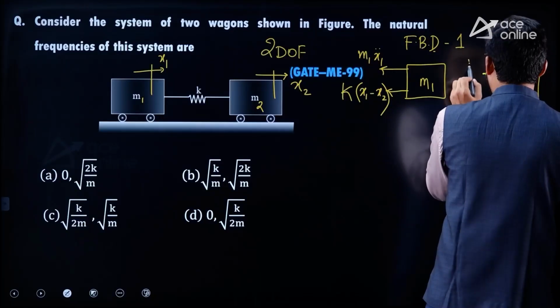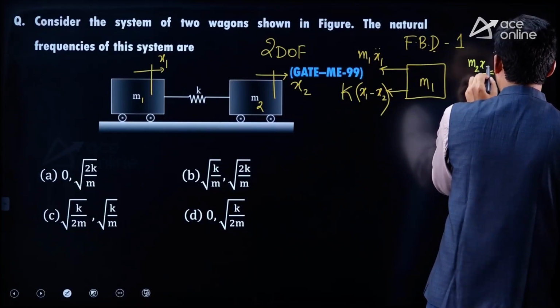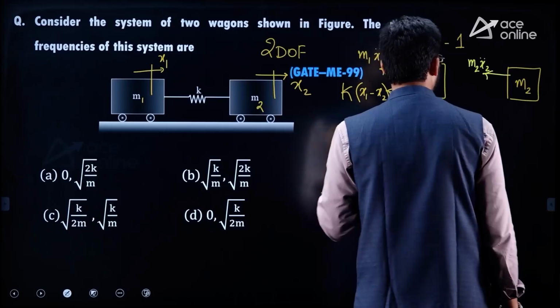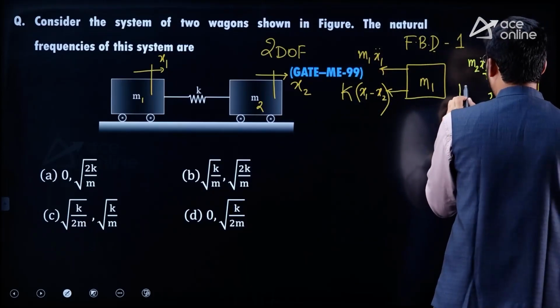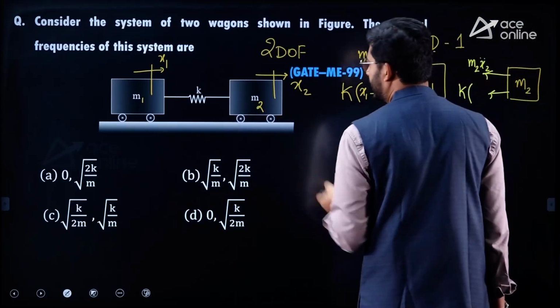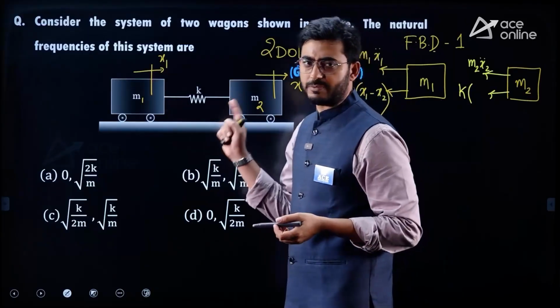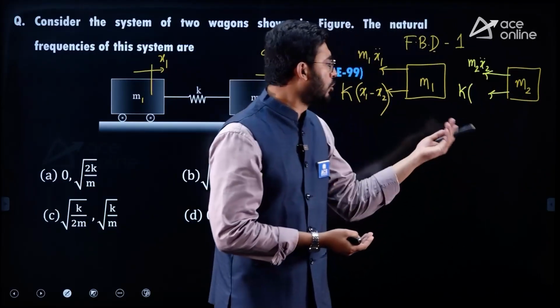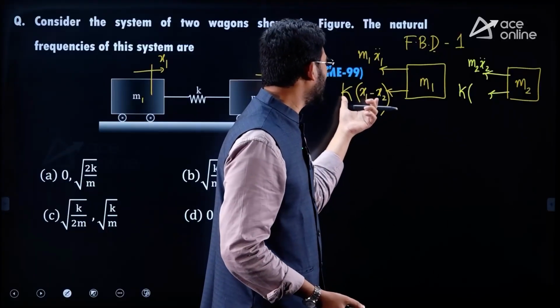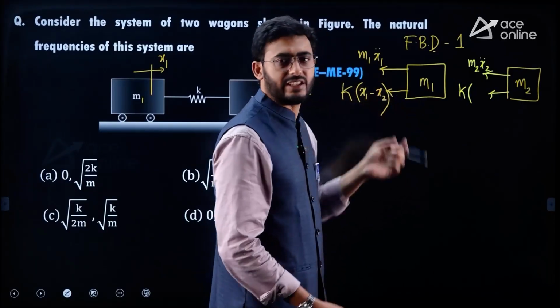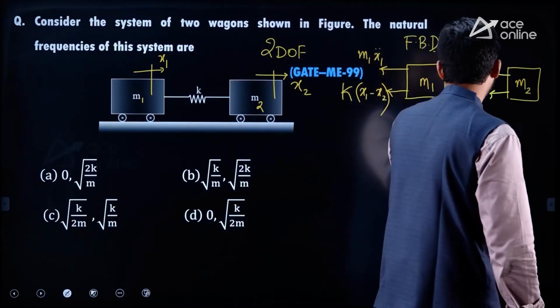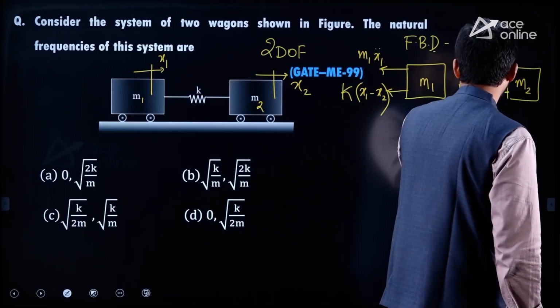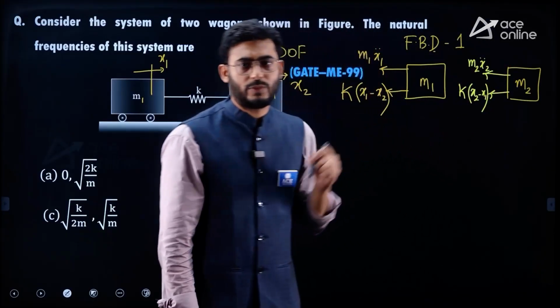The inertia force, that is m2 x2 double dot, is going to offer resistance, and in the same way the stiffness will also be interactive between x1 and x2 displacement. So when we are expressing that displacement for mass m2, this term should be taken in the reverse order, that is x2 minus x1.